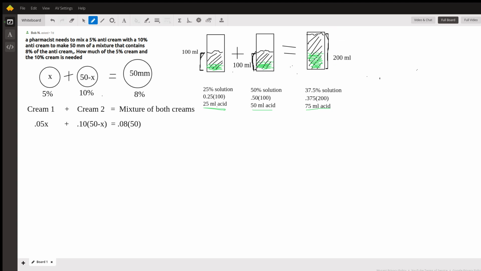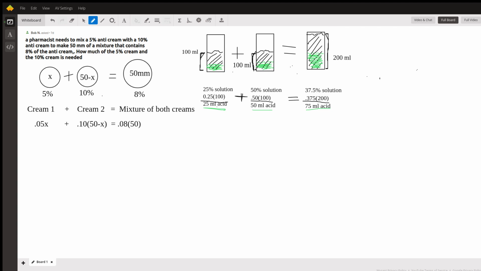Now, if we just put together the math and tie it all together, we're going to get 0.25, and I'm just going to box this here, 0.25 times 100 plus 0.5 times 100 equals 0.375 times 200.